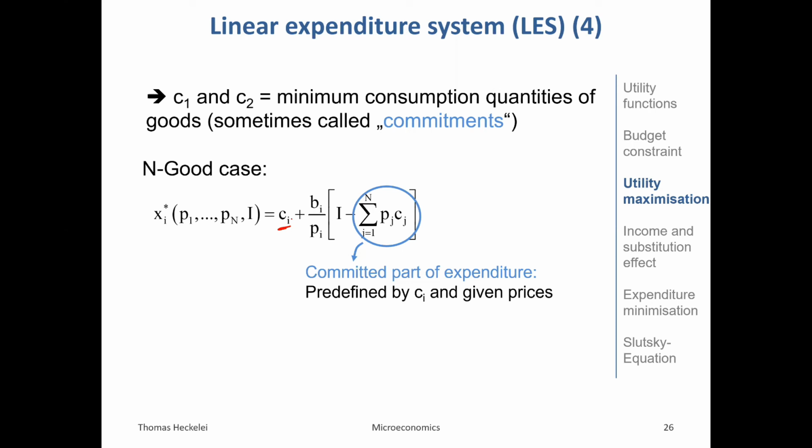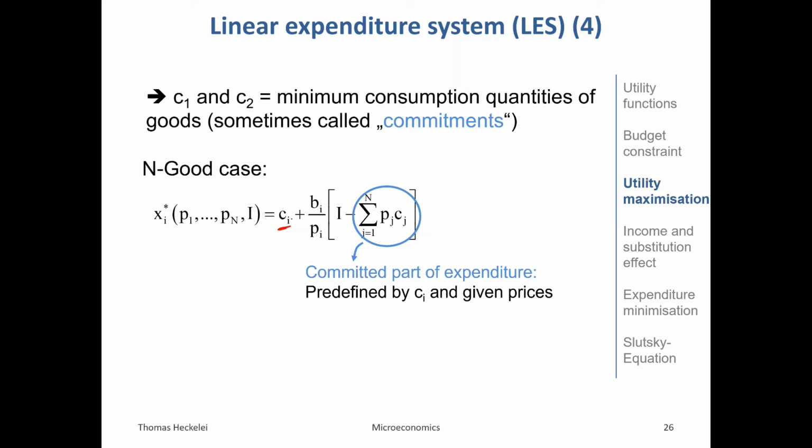Look at the term in the bracket of the second part. So here we have the committed part of the expenditure, which is always the price of every good times the committed quantity. So this is the expenditure that you have to spend anyway. Let's think about like the rent that you pay to your landlord every month. It's something like that.